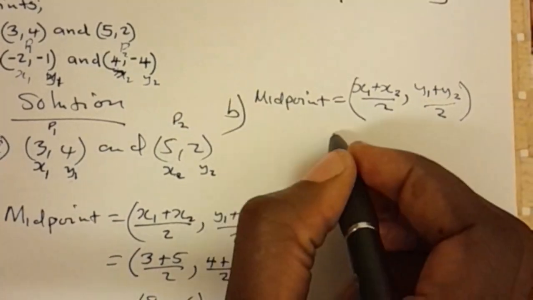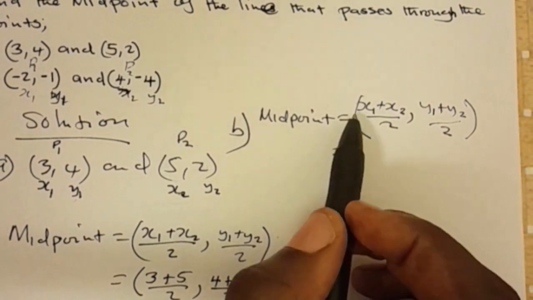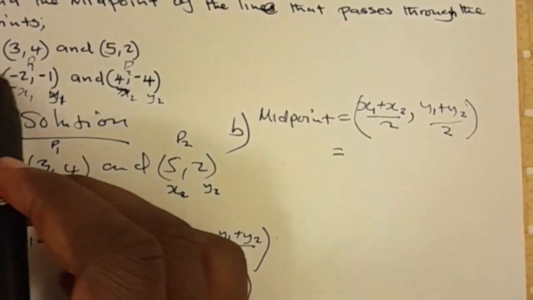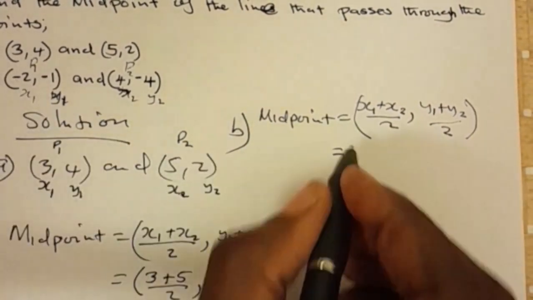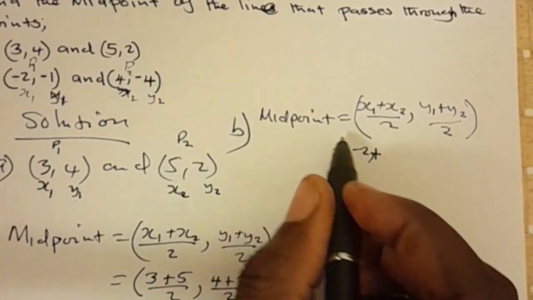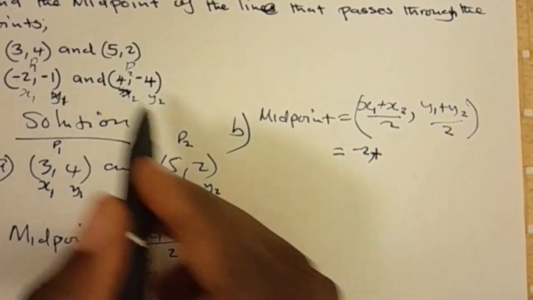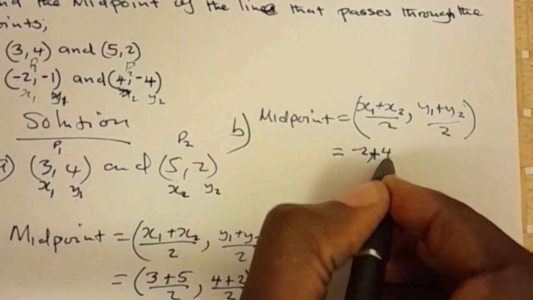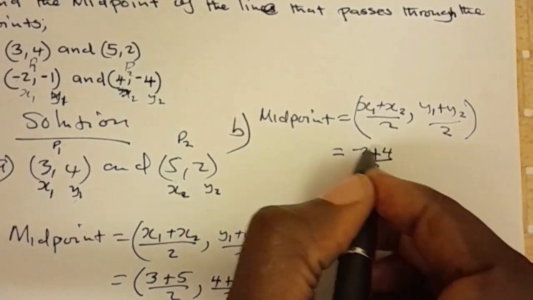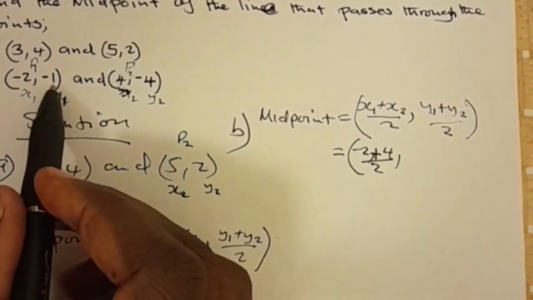Okay, so what is x1? x1 is negative 2. So we're going to say negative 2 plus x2 is 4. Then over 2, comma, y1 is negative 1.